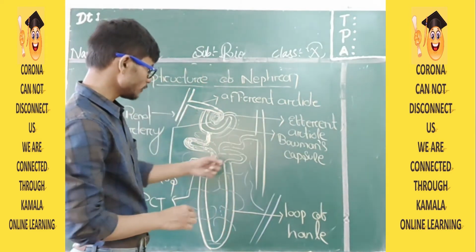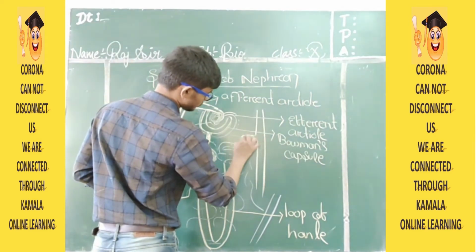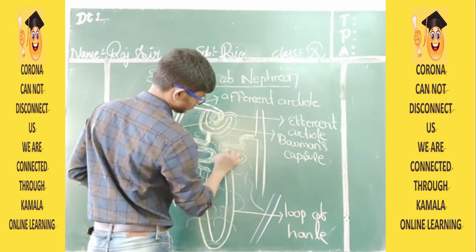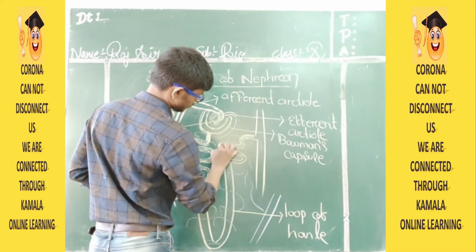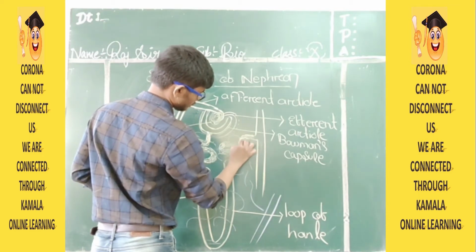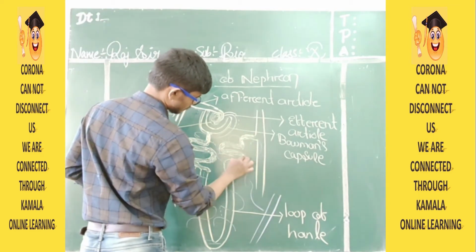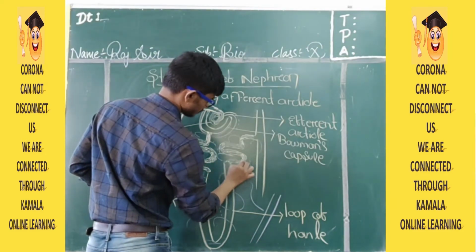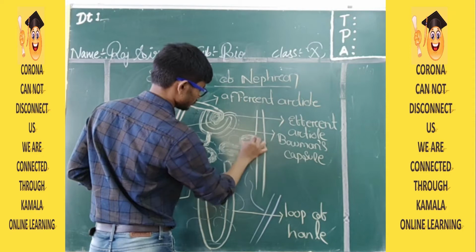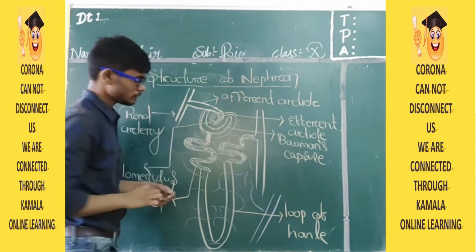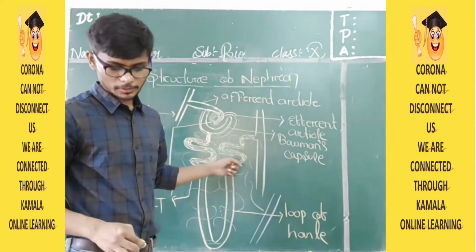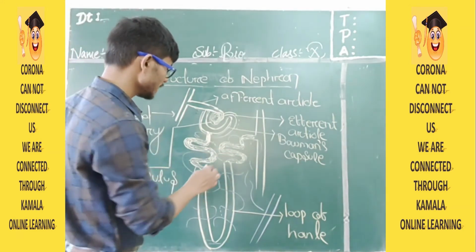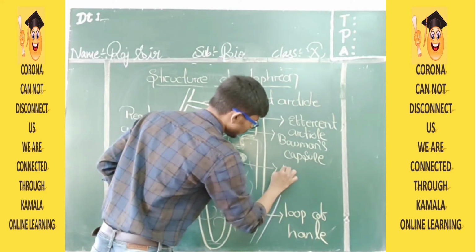Now the second convoluted structure, as you can see, is called DCT.